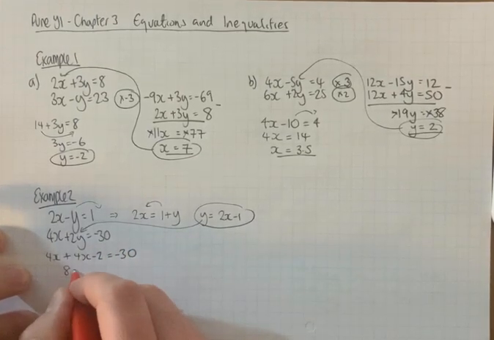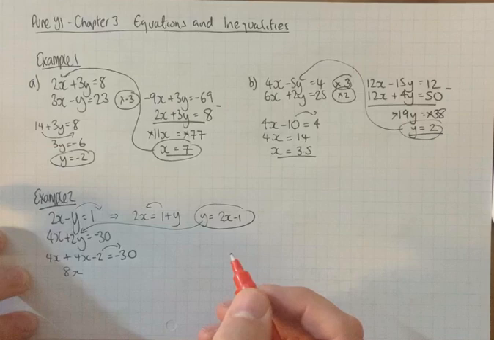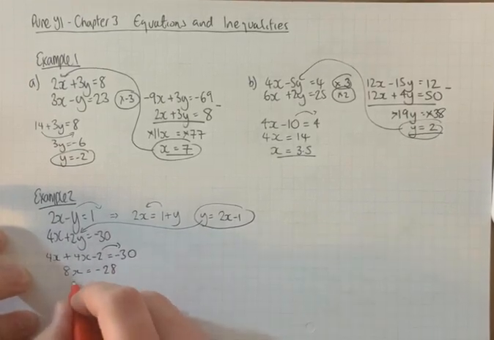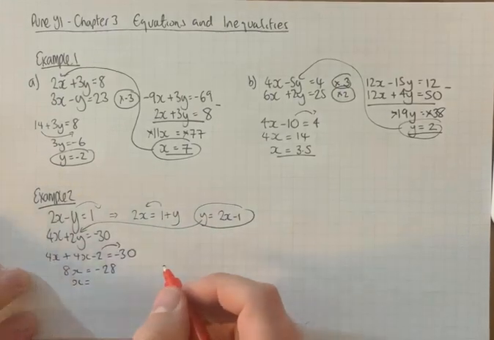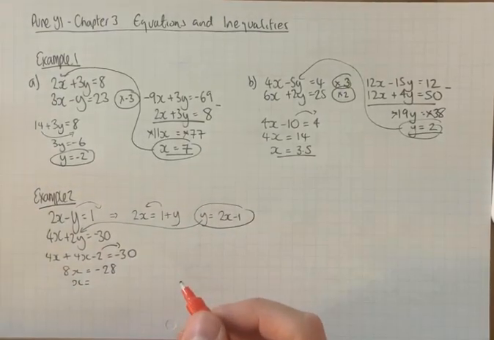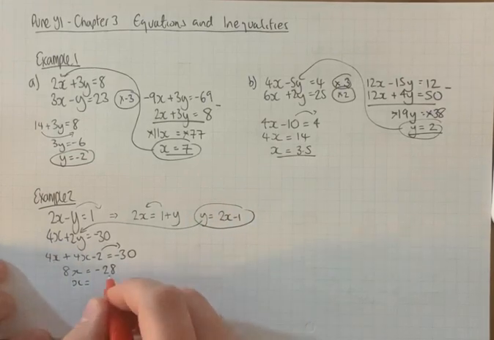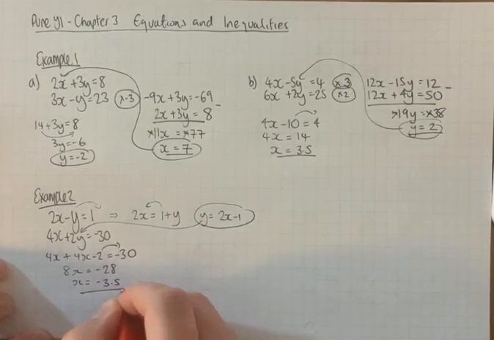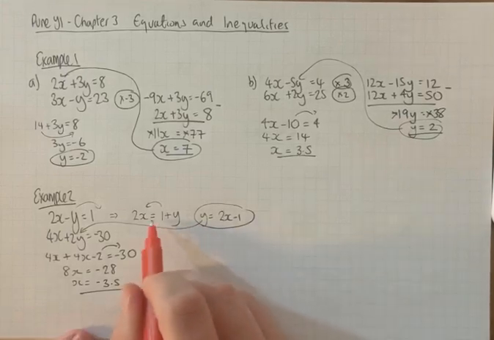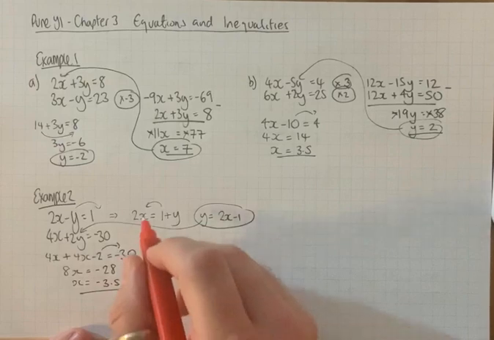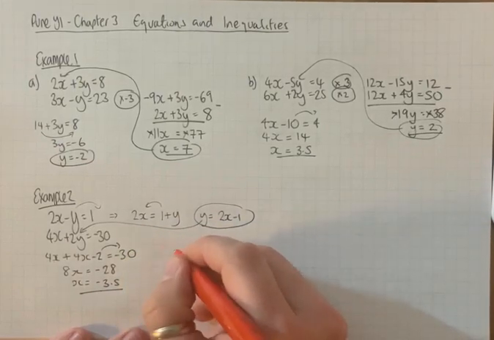4x plus 4x is 8x, minus 2 moves across as add 2, so that's minus 28. x is going to be minus 28 over 8, so that's 14 over 4, 7 over 2, it's 3.5 again. Minus 3.5 rather. And then we know 2x equals 1 plus y, so x is minus 3.5, so 2x is minus 7.